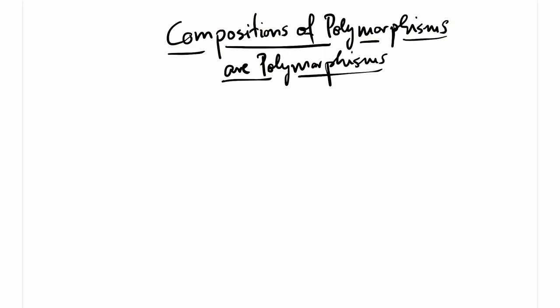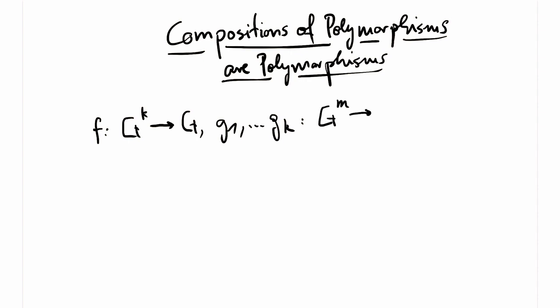There's also an important method of producing new polymorphisms from polymorphisms that you already have. Suppose f is a polymorphism of arity k, and suppose g_1 up to g_k are polymorphisms of arity m. So homomorphisms from G^m to G. Now we can produce a new map which has arity m, which maps x_1 up to x_m to the function value of f.